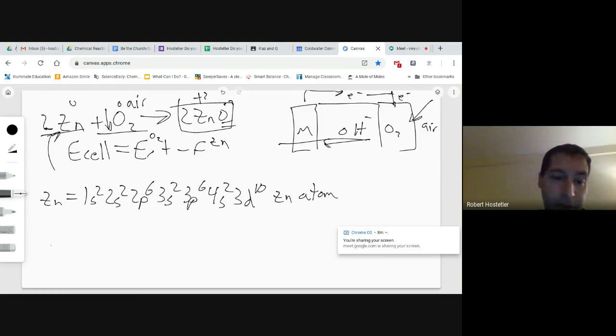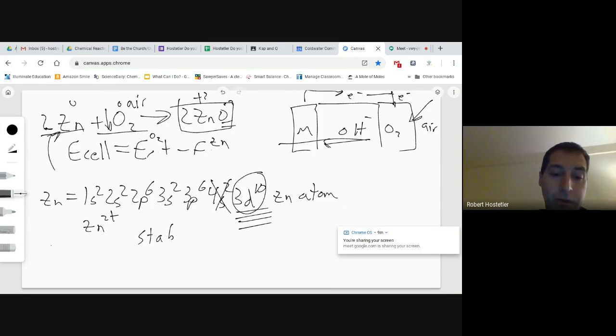Now, when a zinc atom turns into a zinc ion, it loses 2 electrons. Typically, we would take them away from the outermost energy level, but in this case, we see that we have a filled d shell. So the rule for the stability of a filled shell is that you actually remove the 4s electrons, leaving those empty, so that the 3d electrons can stay full.